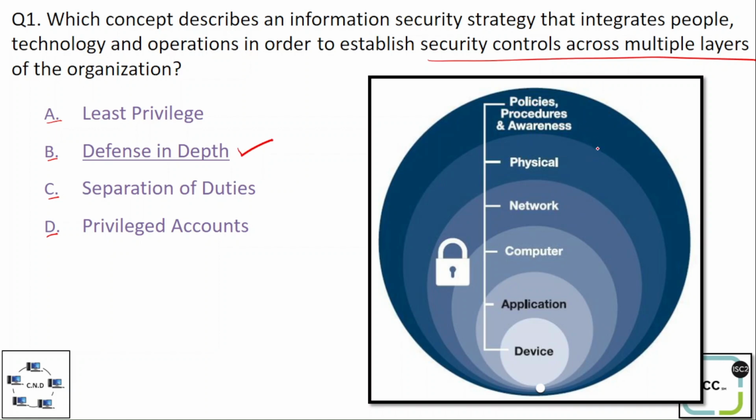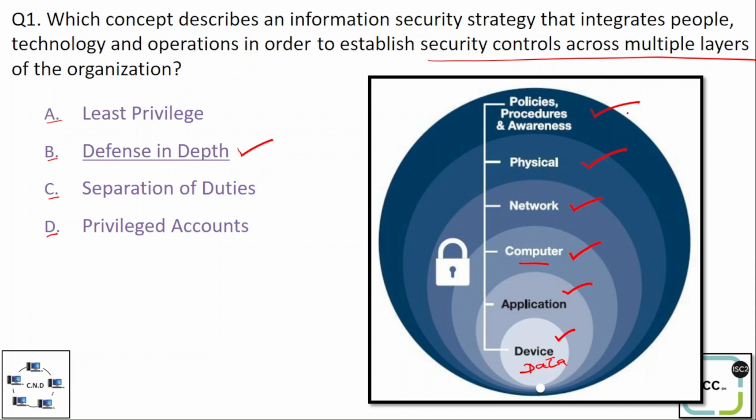If we roughly divide the organization's security into multiple layers, leading from the policies, then the physical security control, leading to the facility or your data center, then the network security control, and inside the network you have the actual devices, servers or computers, then the application running on those computers, and at the innermost layer we have the device, or you can also say the data, which is the most precious commodity of all. So applying security controls at all these layers means defense in depth.